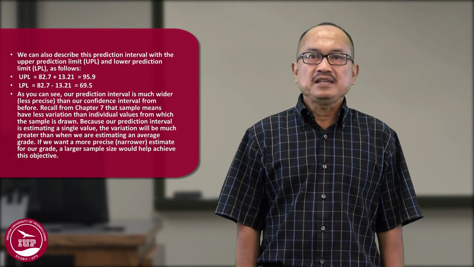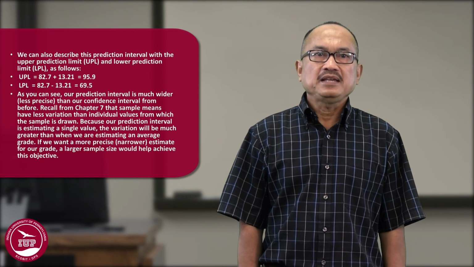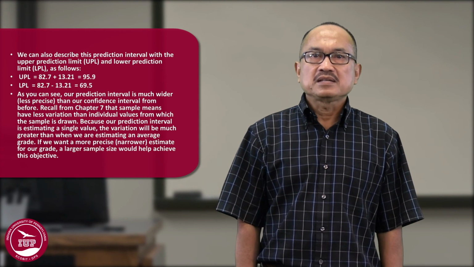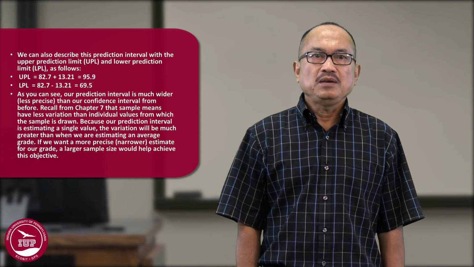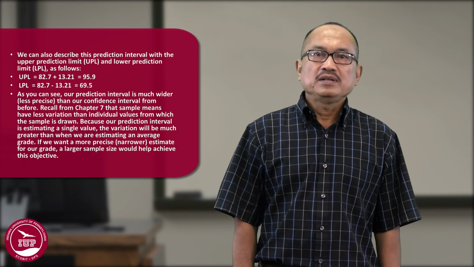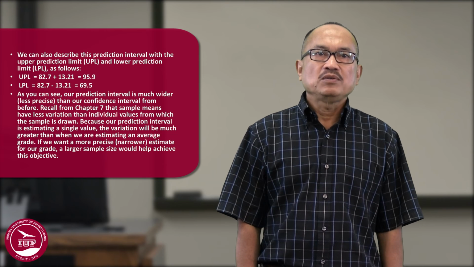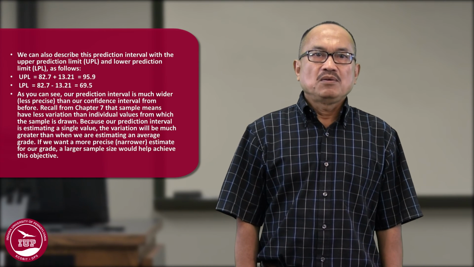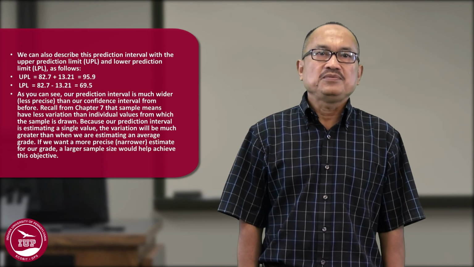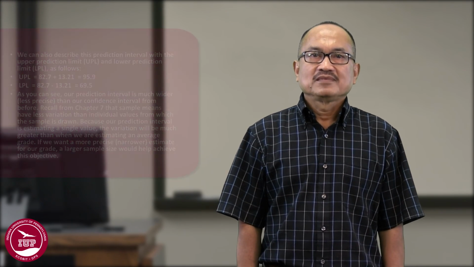Because our prediction interval is estimating a single value, the variation will be much greater than when we are estimating an average grade. If we want a more precise or narrower estimate for our grade, a larger sample size would help achieve this objective. Thank you.